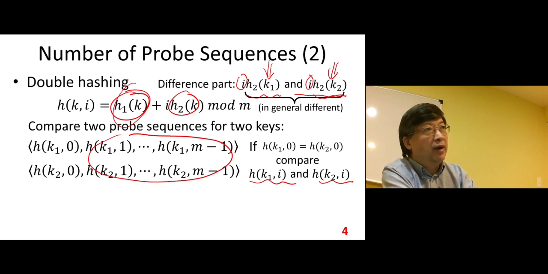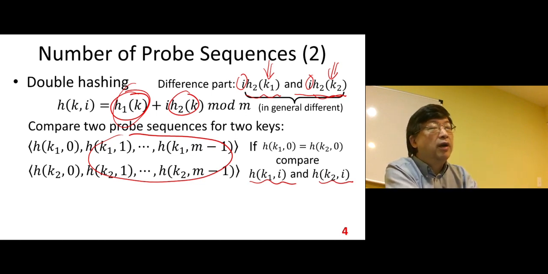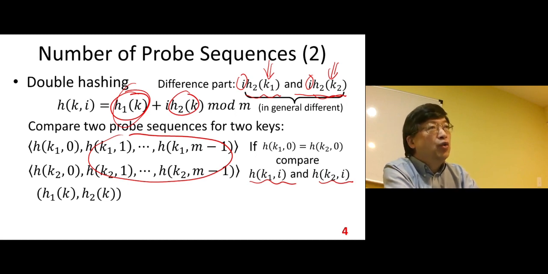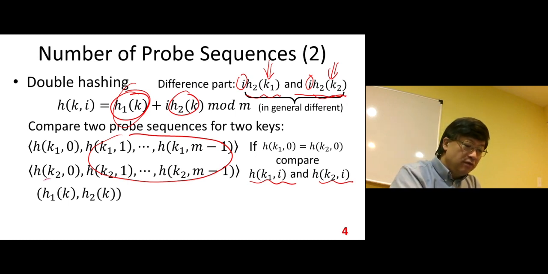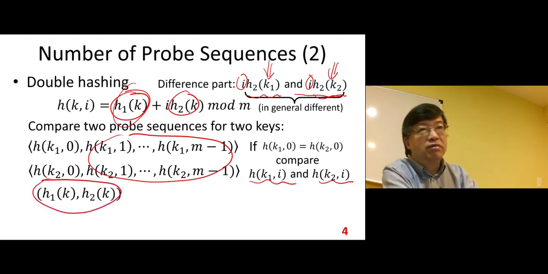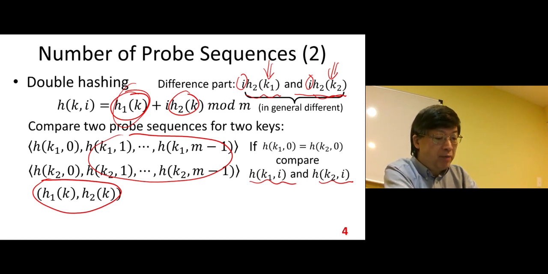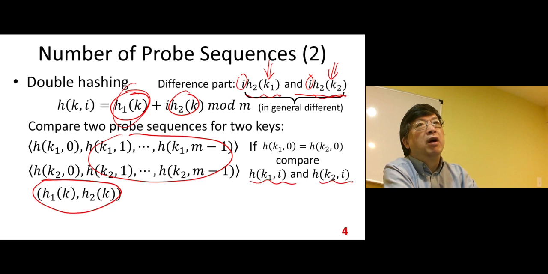Not like the previous method, where they're always the same. So now you can see how we determine a whole probe sequence: we need these two numbers, not just one number, to determine the whole probe sequence. Then we will have more probe sequences.